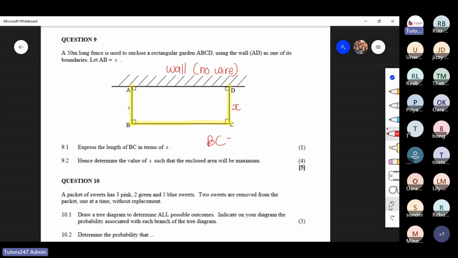So let us find the length BC. If we look at our rectangle, what do we know about this rectangle?